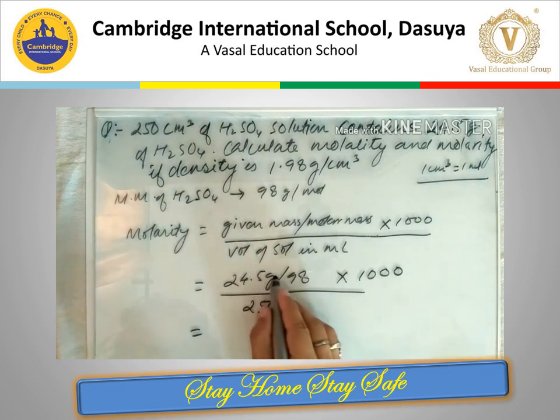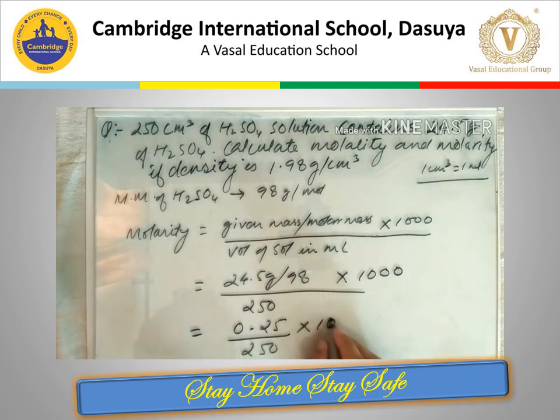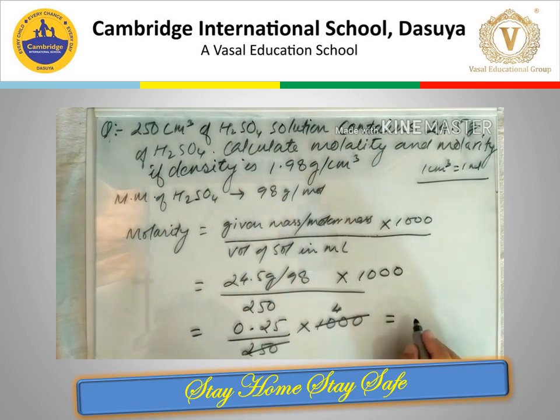The number of moles that comes out here is 0.25 upon 250 into 1000, so molarity equals 1 molar. This is the molarity here.